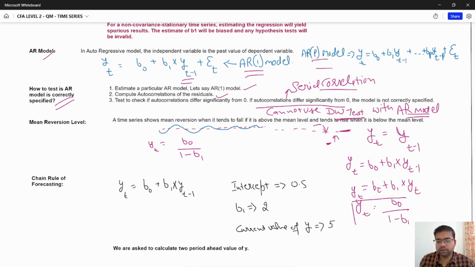So this is our mean reversion level, b0 divided by 1 minus b1. From the testability perspective, you will be given different values of b0 and b1 and asked to calculate the mean reversion value. So you need to remember this formula.